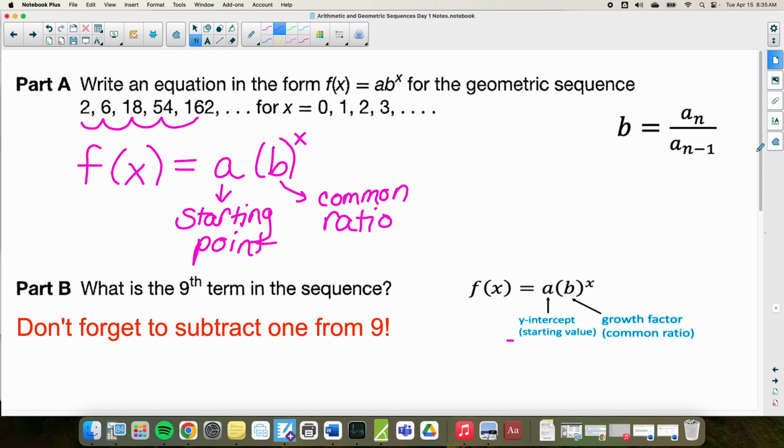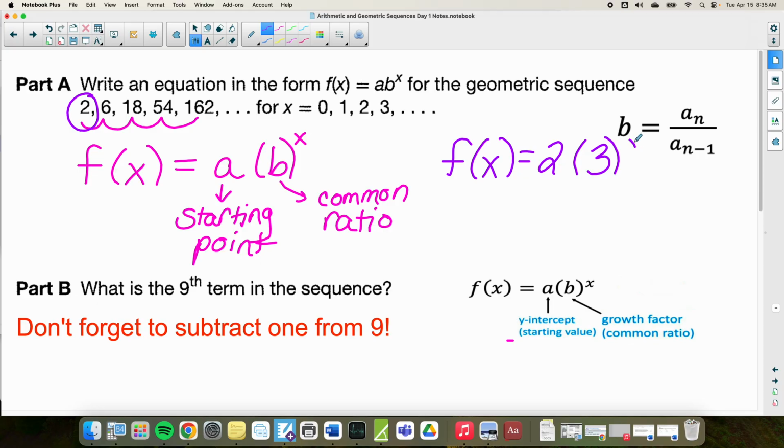So if I try to write this, okay, I would go f of x equals, the starting point is just your first number, so that's 2. And our common ratio we said was 3 because we're multiplying by 3.